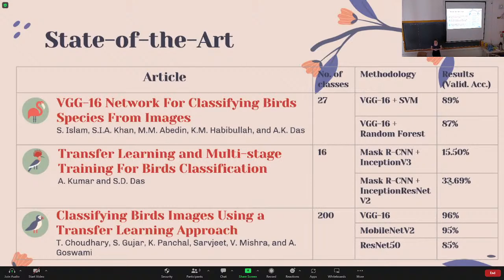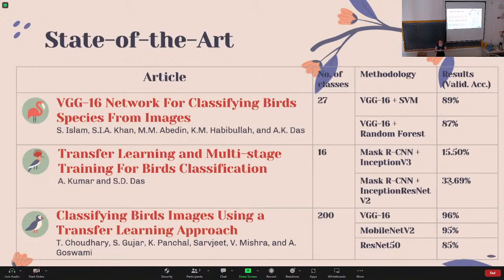The highest accuracy was 89% for the SVM. Then the second approach presents a multi-stage training: firstly the region of interest, namely the bird, is identified in the picture, and then the image is cropped and classified with an Inception architecture.